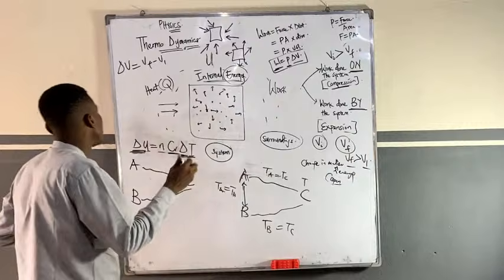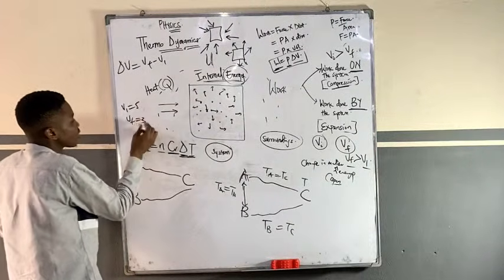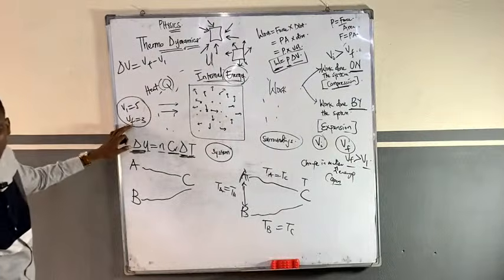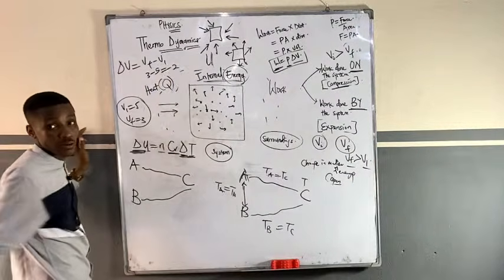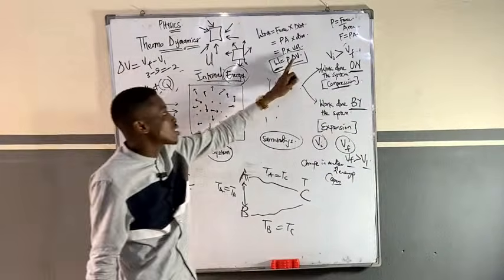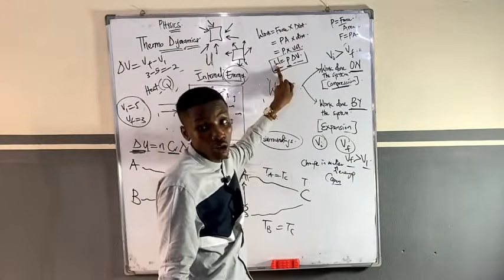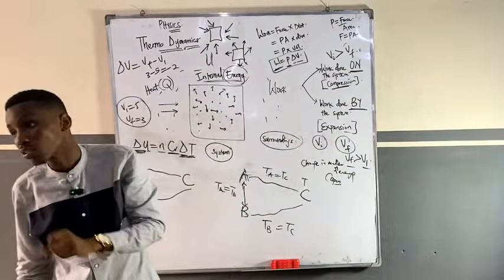Example, let's use values. If your initial was 5 and your final is 3, of course this is compression, right? So when you now want to subtract, it will be 3 minus 5. What will be your final answer? So you realize that your change in volume will be negative. So when your change in volume is negative, what will happen to your work done? Negative.